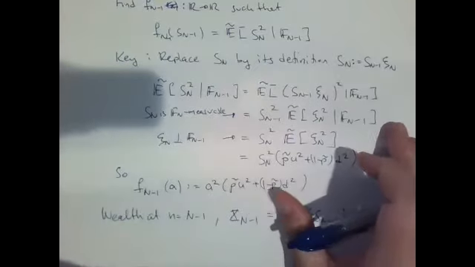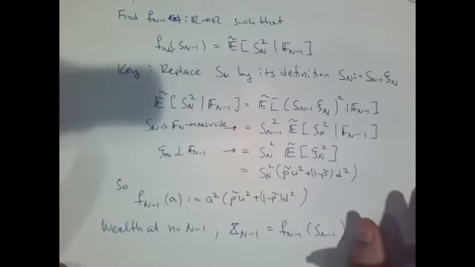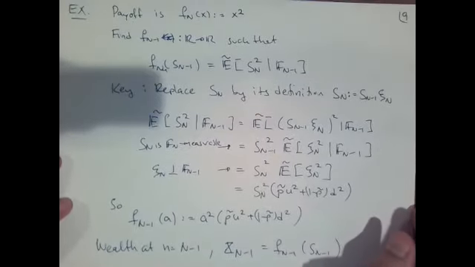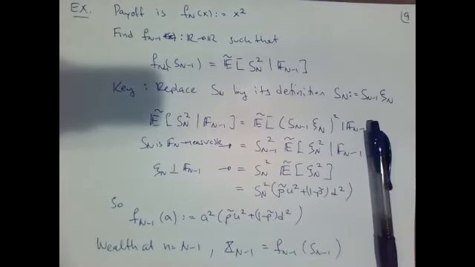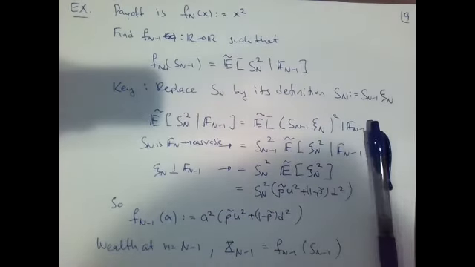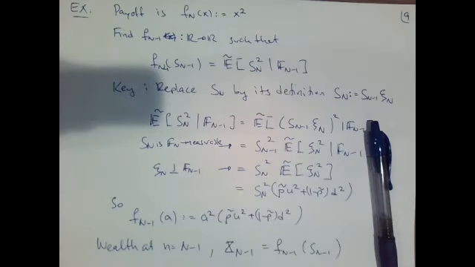Maybe before I launch into that, is there another question or comment about what we have on the sheet here? The question wanted us to find f_{n-1}. Right, and we just said it was equal to X_{n-1}.